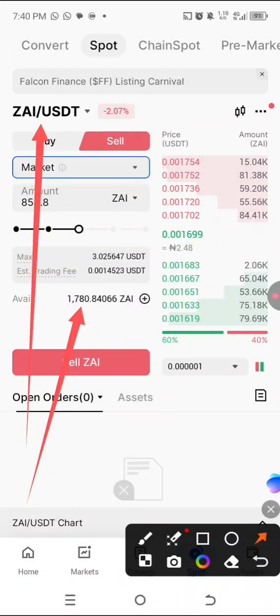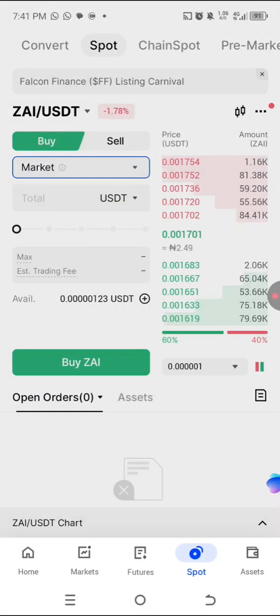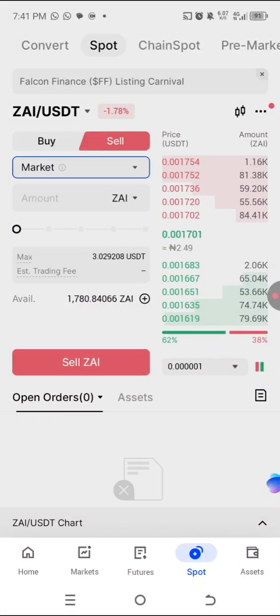As simple as that. I'm selling it to get back my USDT. That is just how it works. So when buying, you are using USDT to buy it. When selling, you are selling it to get back your USDT. I believe you have understood my explanation.